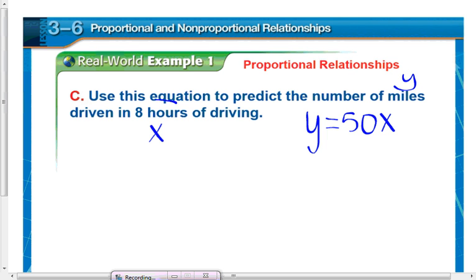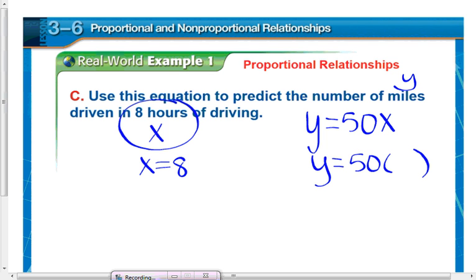So this is just a way of saying X is equal to 8. We're going to plug that in. We know that 50 and X are really multiplying. And instead of X, I'm going to put in 8. 50 times 8 is 400. And 400 what? Miles.